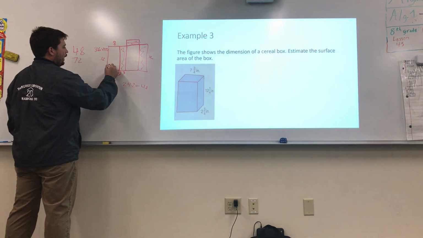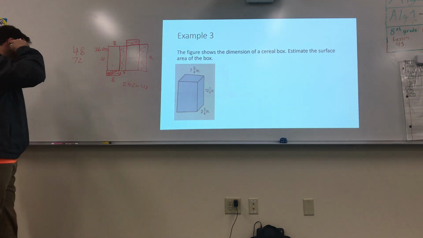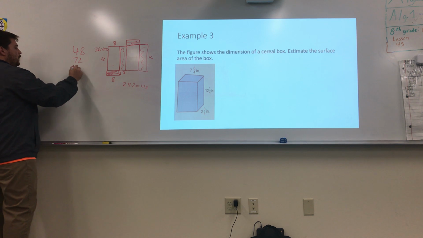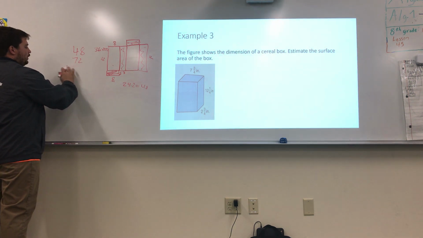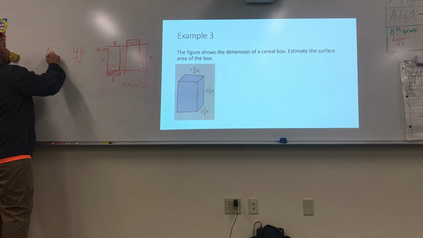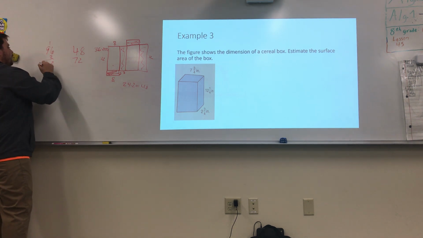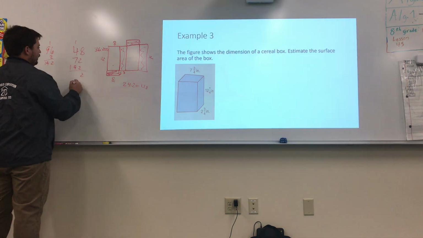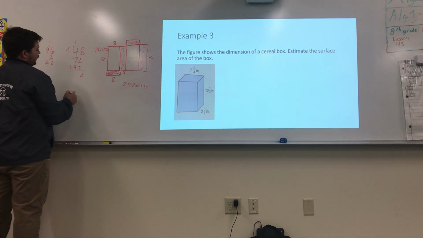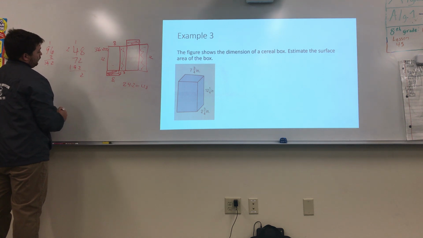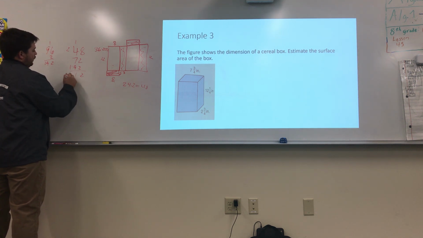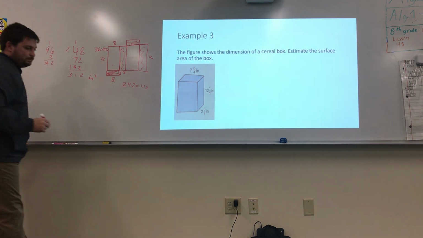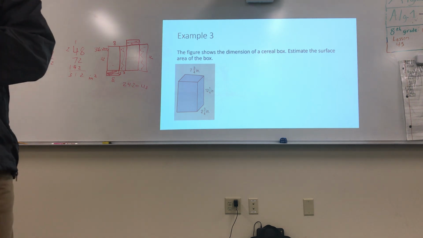Then I have this 8 by 12, which is going to give me 96. 96 times 2 is 192. Adding them up, we get 312 inches squared. There's your answer for that one.